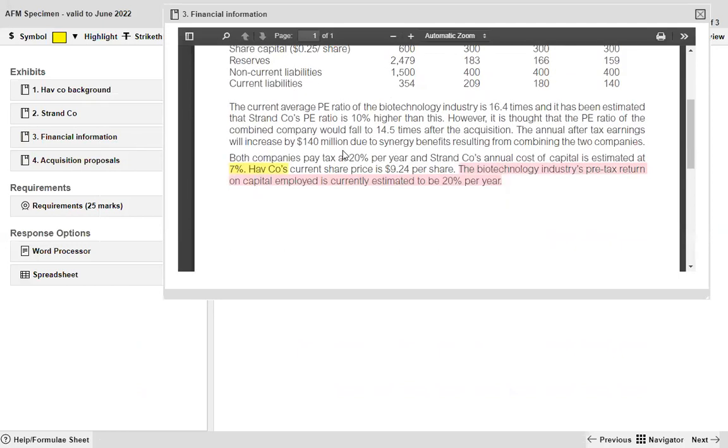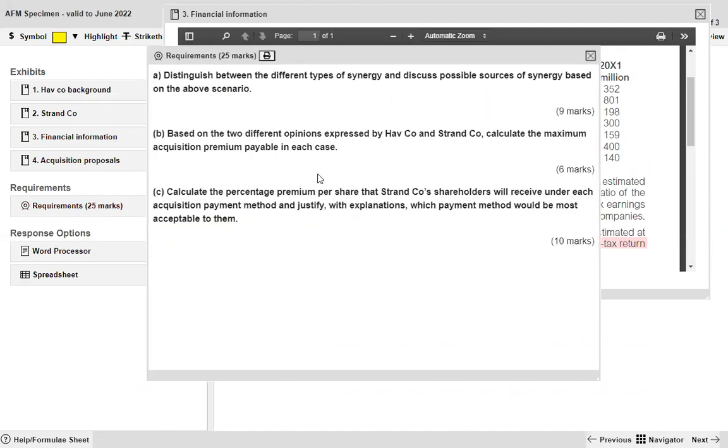Now, next situation is the last requirement. It says calculate the percentage premium per share that a target company's shareholders will receive under each acquisition payment method and justify with explanation which payment method would be most acceptable to them. So you have to calculate the percentage premium per share.